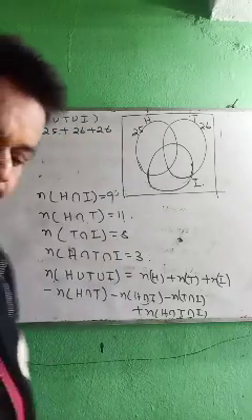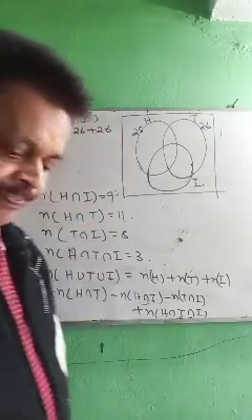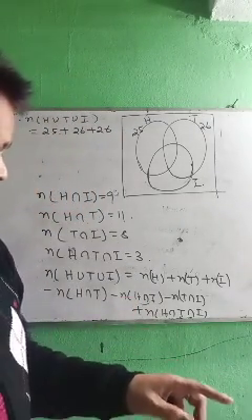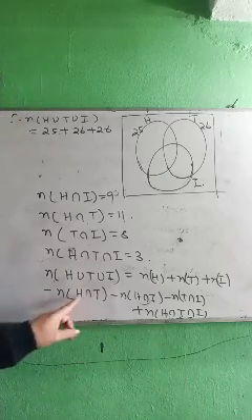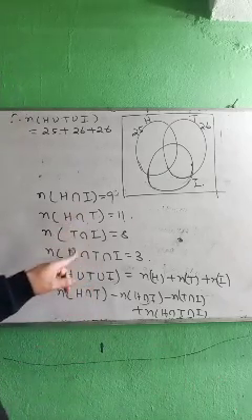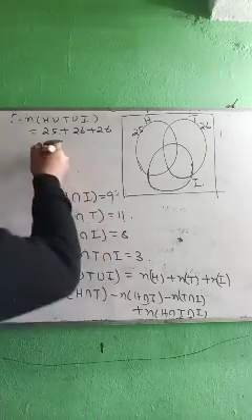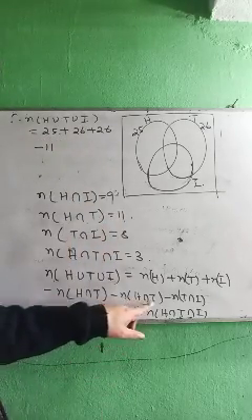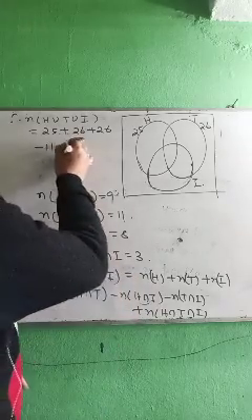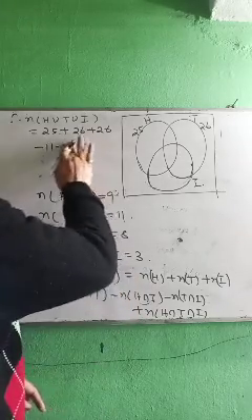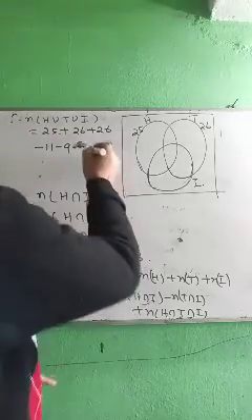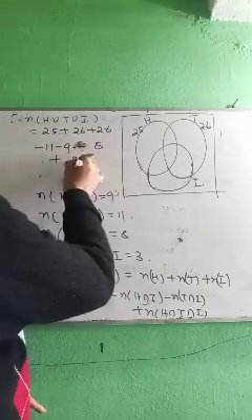Then you are finding H intersection T, which is given as 11, so minus 11. Then H intersection I is minus 9. Then minus 8. Then plus 3.